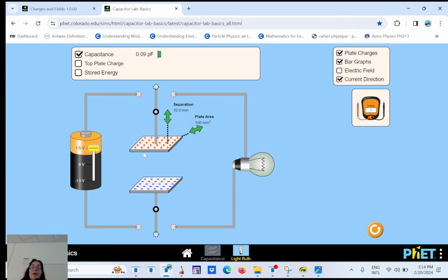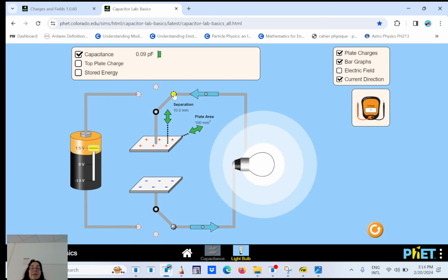Now, look at that light bulb. This light bulb could be your heart, could be a light bulb. It will be the load. What's going to happen if I connect to it? You have a flash. That's how the portable camera works.